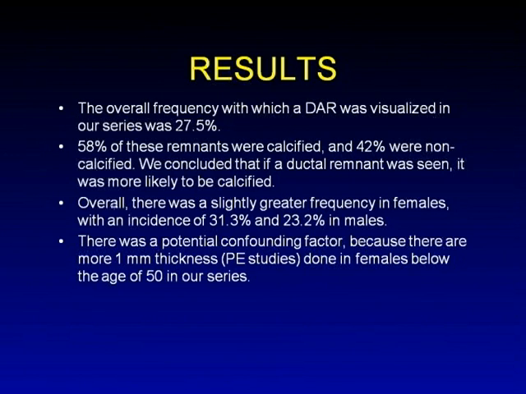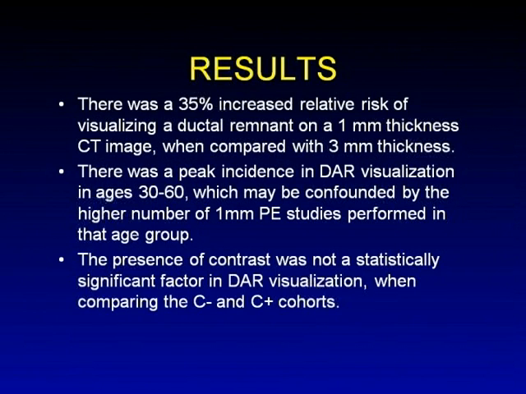However, this was a potential confounding factor because there are more 1 millimeter thickness studies done in females below the age of 50 for PE evaluation. There was an overall 35% increased relative risk of visualizing the ductal remnant on a 1 millimeter thickness CT image when compared to a 3 millimeter image.